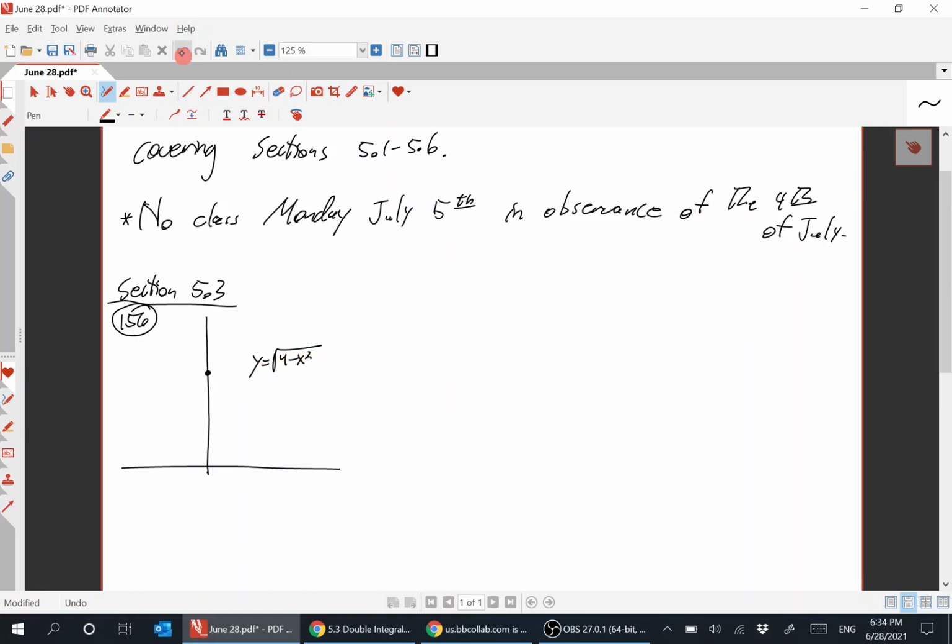And this line x equals 2 is right here, of course. The line x equals root 3 would be, say, right here. So here's the 1, and here's root 3.